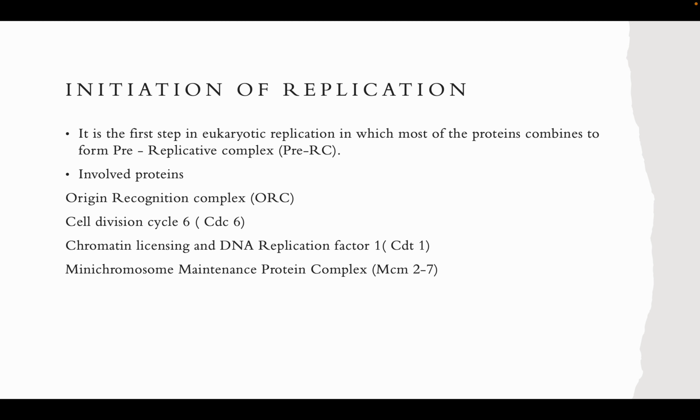As you know, DNA is a double helix, and to initiate the replication, both strands need to be separated to act as template strands for the daughter strands, right? This separation is carried out by the helicase. The MCM2 to 7 complex is a helicase, and CDC6 and CDT1 are important for recruiting the helicase to initiate the replication.